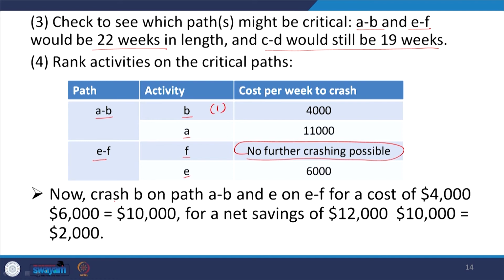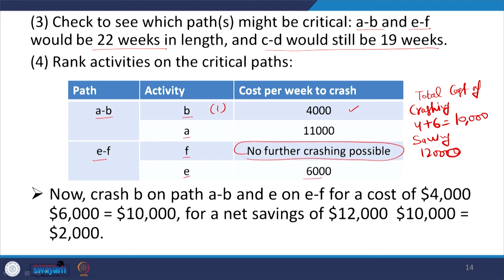So, now you will crash B on path AB by 4,000 and on EF you will crash E by 6,000. So, your total cost of crashing, 4 plus 6, that is 10,000, saving 12,000.